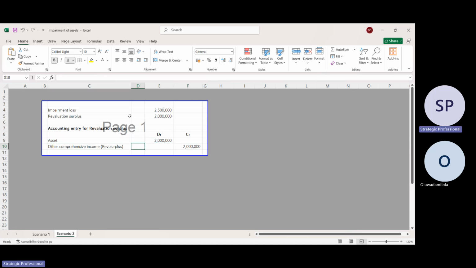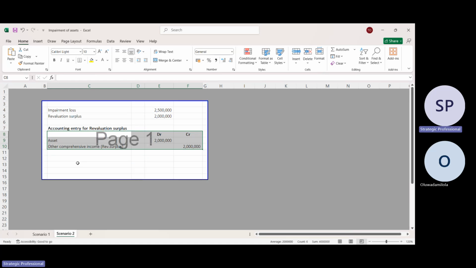So in this scenario, when the company had this revaluation surplus, this is what they would have done. Do you agree with me? Now, what the standard is saying is that if you find out later on that the asset has impaired, and you now have an impairment loss of 2.5 million, your accounting entry will not be to debit P&L first.